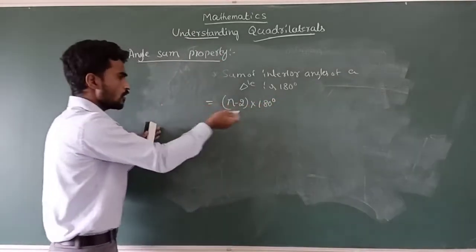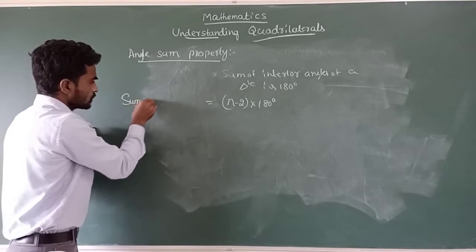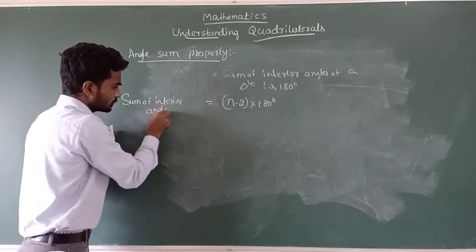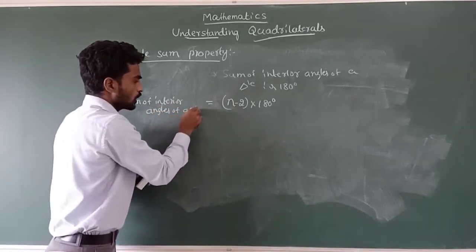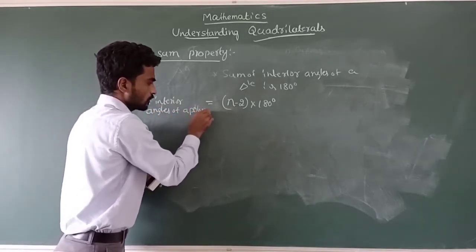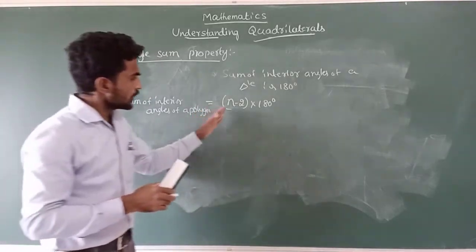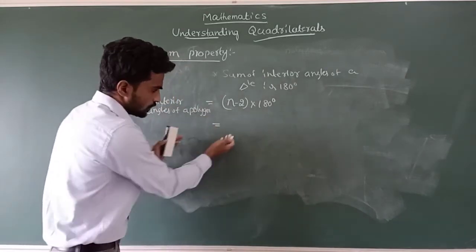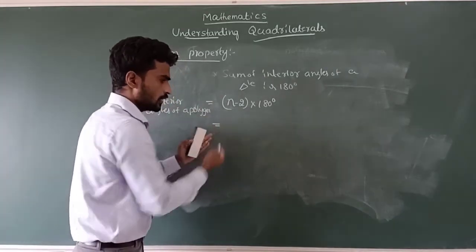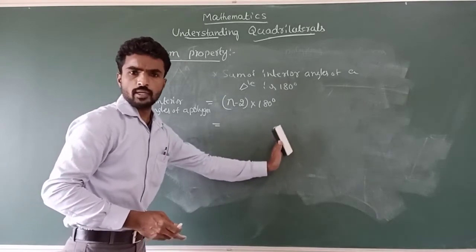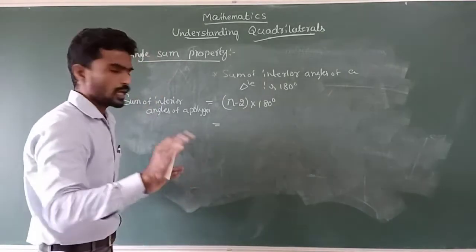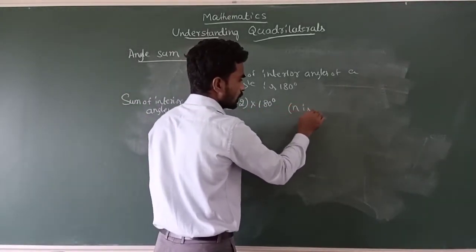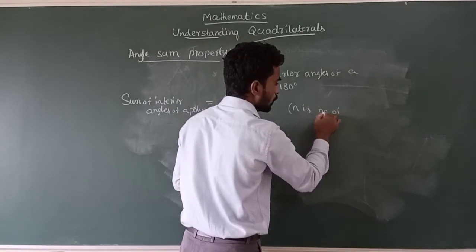This is the sum of interior angles of a polygon. For example, in ABCD the sum of interior angles is equal to 360 degrees. It has 4 sides. Here n is the number of sides.